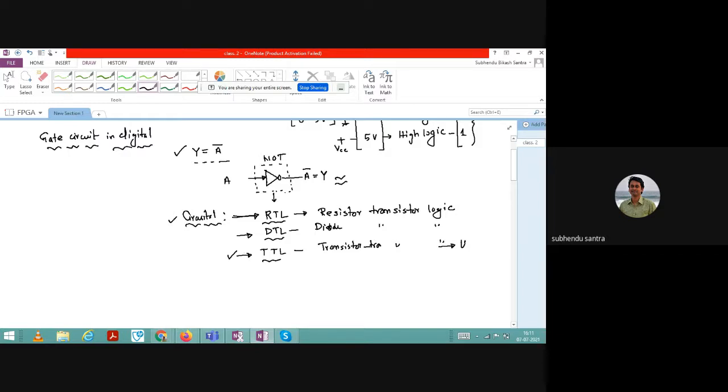Okay, it means what? All the chips which you get from the market to build this NOT gate are actually made of this transistor logic. Why is it so? Because the propagation delay is less, power dissipation is less, and the speed is faster compared to the resistor transistor logic and DTL.